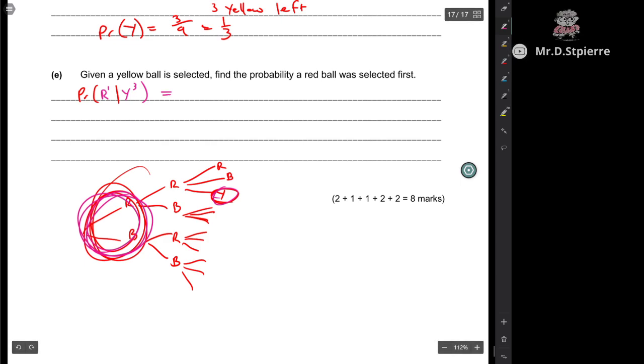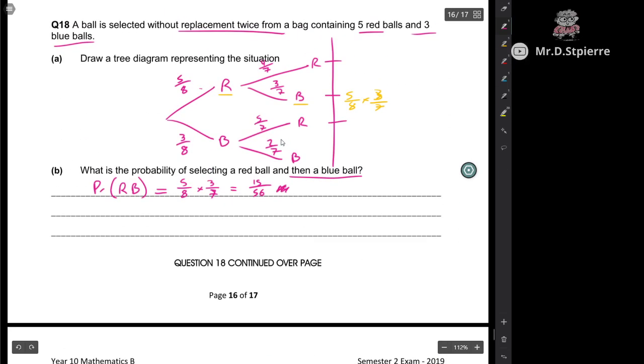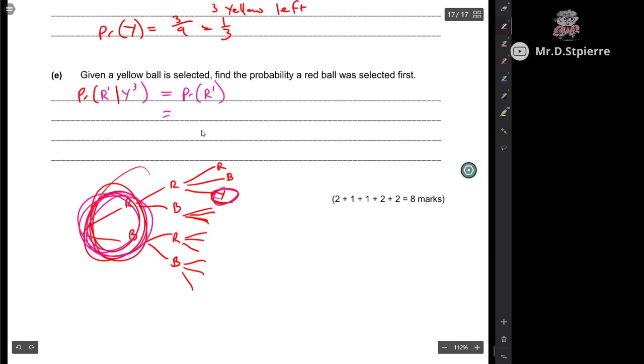So, knowing the rules of independent events, that is just equal to the probability of getting a red ball in the first go, because the yellow has absolutely zero impact on it. And if we go back to our original tree diagram, the probability of getting a red ball in the first go is just 5 on 8. And that's how we do that problem.